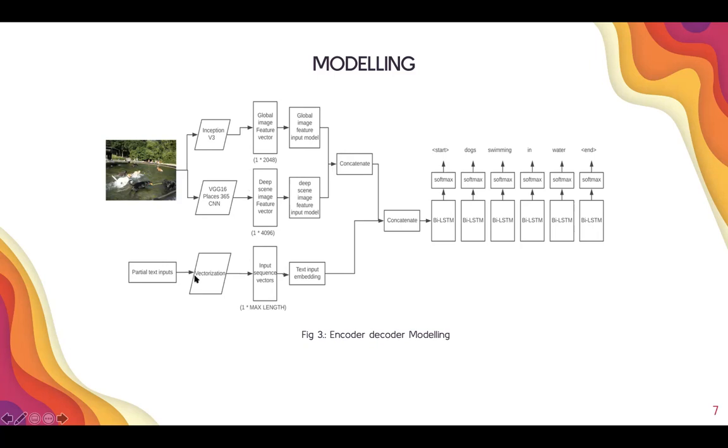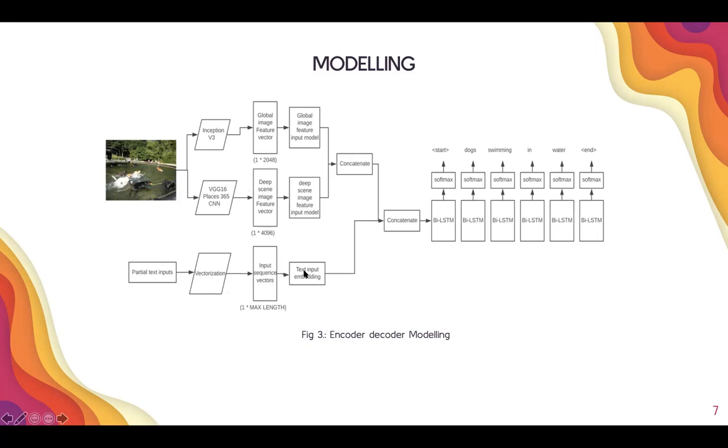For the partial text inputs, we vectorize them, that's converting them to numerical form. Then we put them into a text input model, and the length is 1 by the max length. For this research, the max length was found to be 37. So for sentences that were not up to 37 in length, they were padded with zeros to get to this max length.